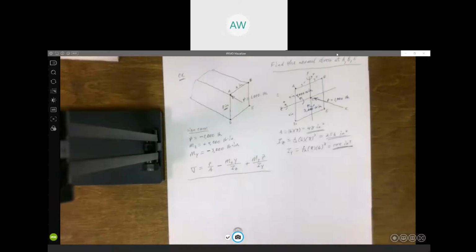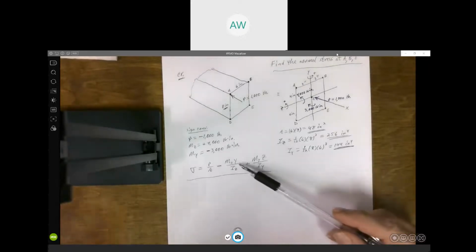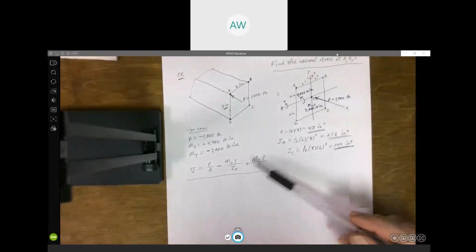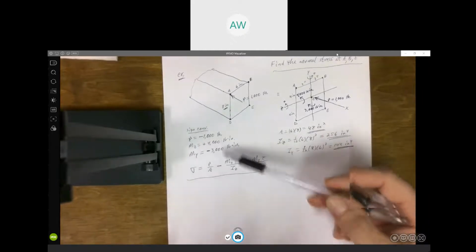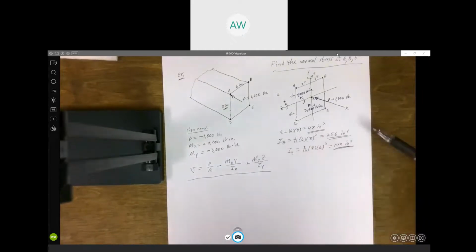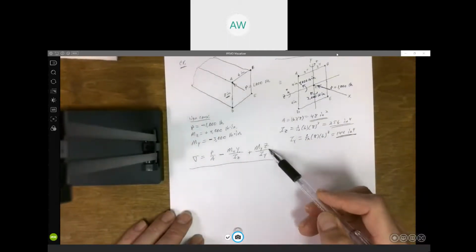So now, as far as when we calculate the stress at different points, we discussed this yesterday also. The only thing that changes is, well, yesterday it was just the y. Today, it would be y and z. That's the only thing that changes when we move to a different point, right? None of these moments change. The force doesn't change. The moments of inertia, none of that changes. The only thing that's going to change is the location, and that's y and z.